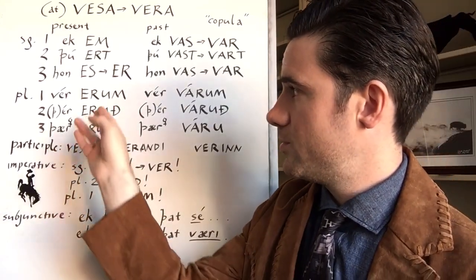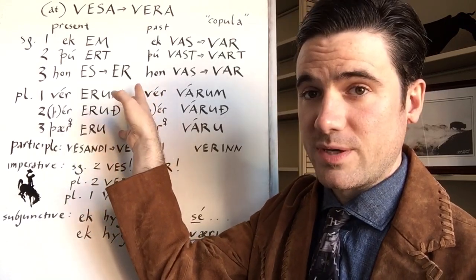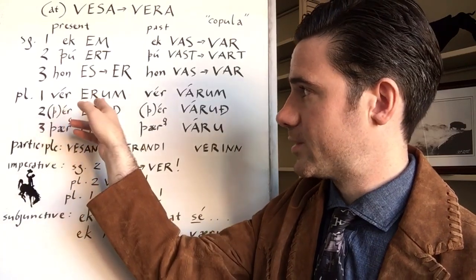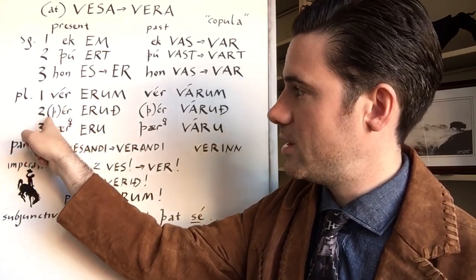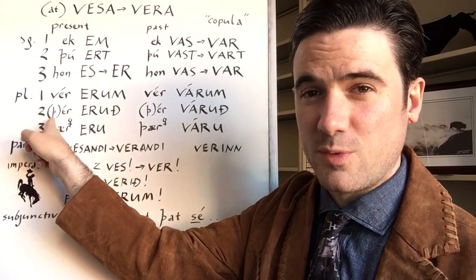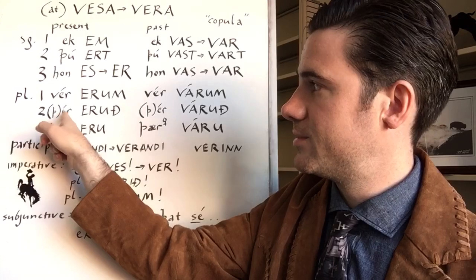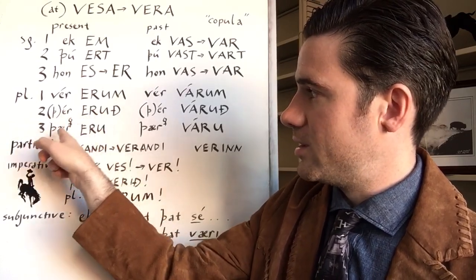Then in the plural, we see that unlike in English, where there would be just one form for all three of these, right? We are, y'all are, they are. There are distinct forms in Old Norse. So vér erum, that's we are. Or later, þér, this thorn gets added to the beginning of that word, also around 1200. So earlier ér, later þér, that's y'all in Old Norse, multiple you. Þér eruð, y'all are.